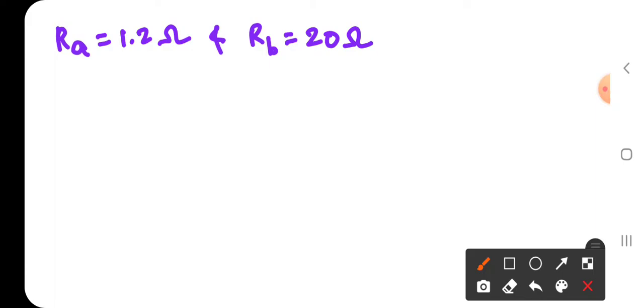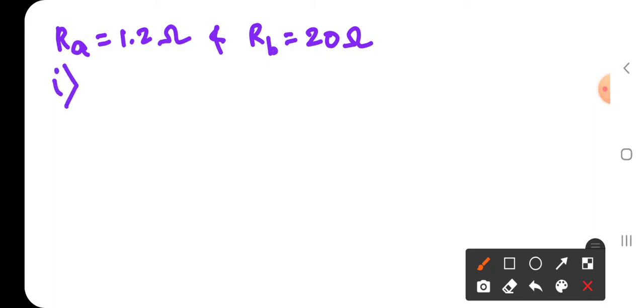Then what is the back EMF at 1000 rpm? If we want to find the back EMF at 1000 rpm, before that we must know the back EMF at rated speed, that is 1200 rpm.